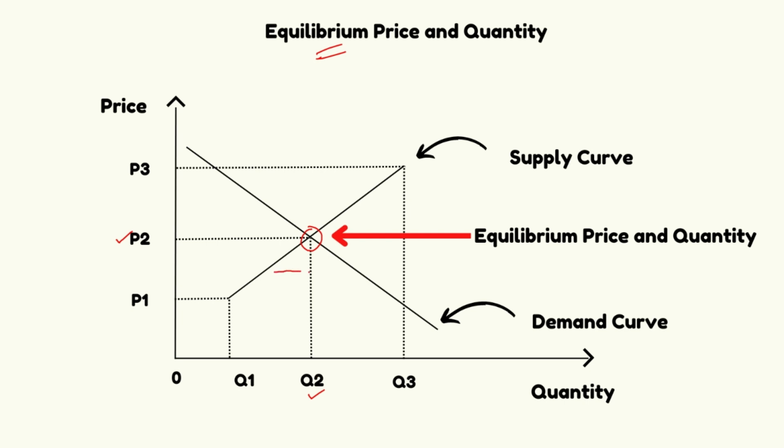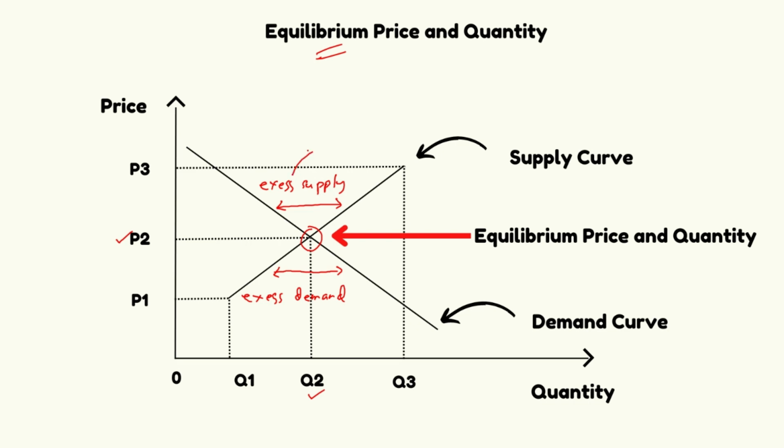The area under these two lines represents the excess demand because the demand is higher than the supply. The area above these two lines represents the excess supply because now the supply is higher than the demand.